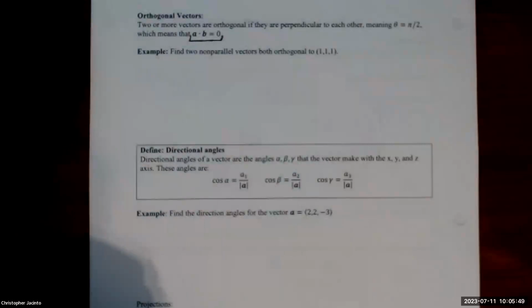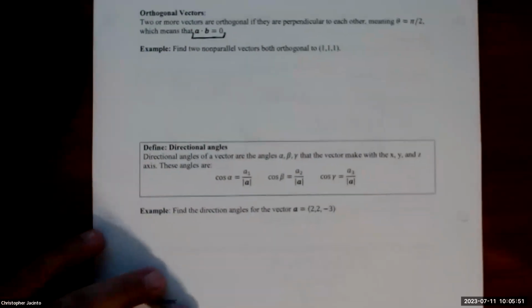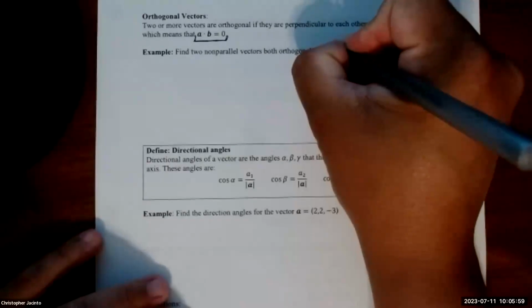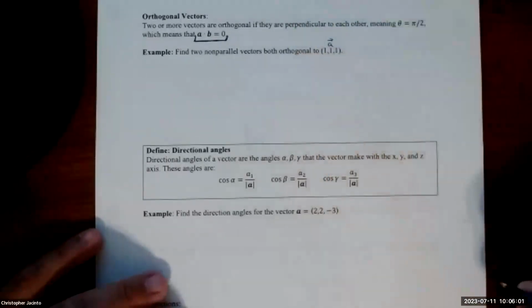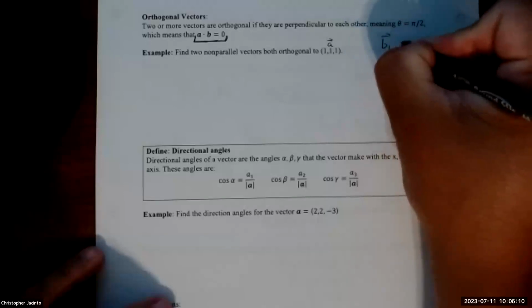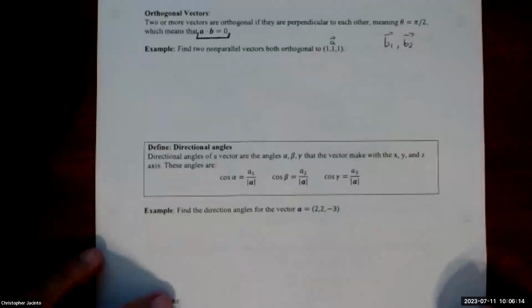Okay, so let's try this example out. Find two non-parallel vectors, both orthogonal to the point 1, 1, 1. We'll call this vector A for short. In other words, we want to find two other vectors or two other points, because we're not given any terminal points.